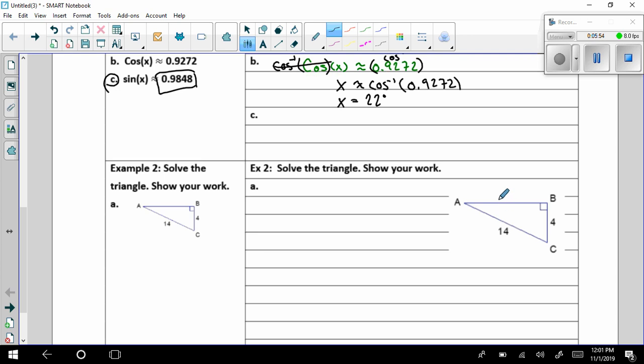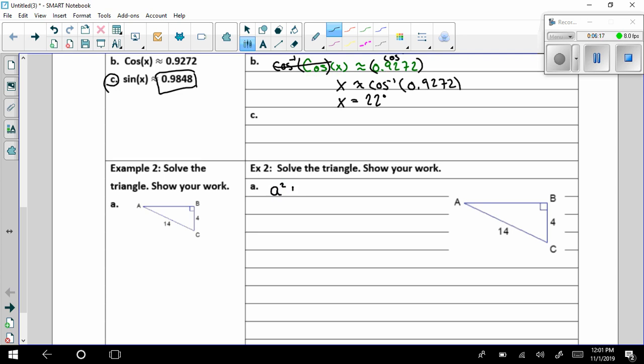So we could use Pythagorean theorem to find AB, or if it's a special right triangle, you can use your patterns. So let's start by finding the side.